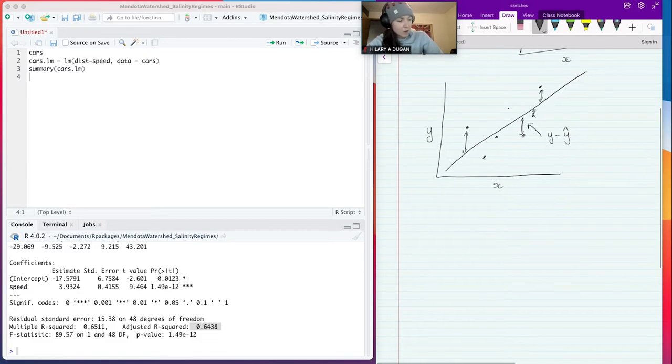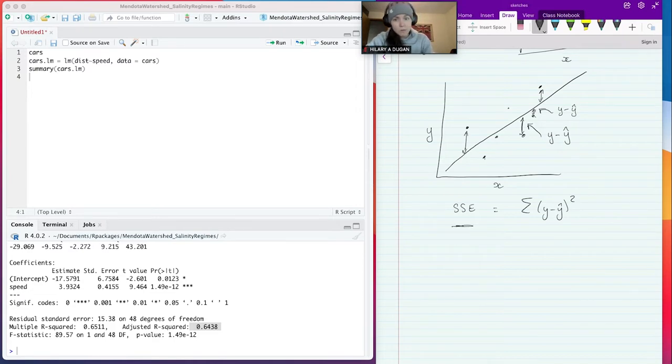If we take all of these, they all have a unique y value, the sum of squares is equal to the sum of all of those residuals squared. And so our goal is to minimize that sum of squared errors.